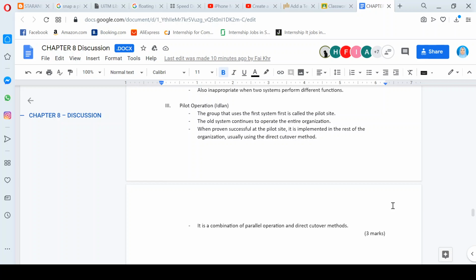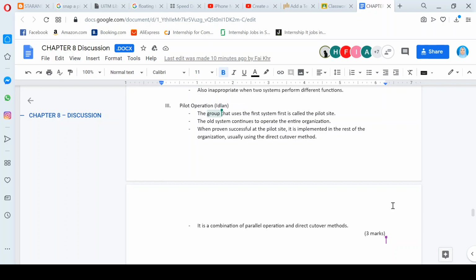Okay, alright. System changeover number 3, which is pilot operation. So for the pilot operation, boleh bagi contoh dekat sini. Okay, sebelum contoh, kita continue dengan dia punya description.